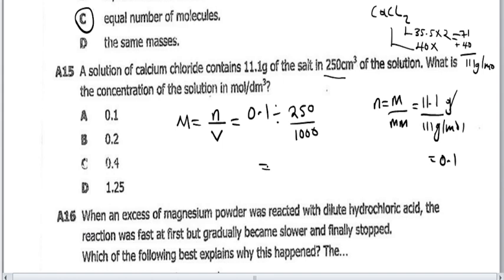So I say 0.1, then I divide by, I open bracket, 250 divide by 1000, then I close brackets. I'm finding my answer to be 0.4 moles per decimeters cubic. So the answer choice here, answer choice C is correct.